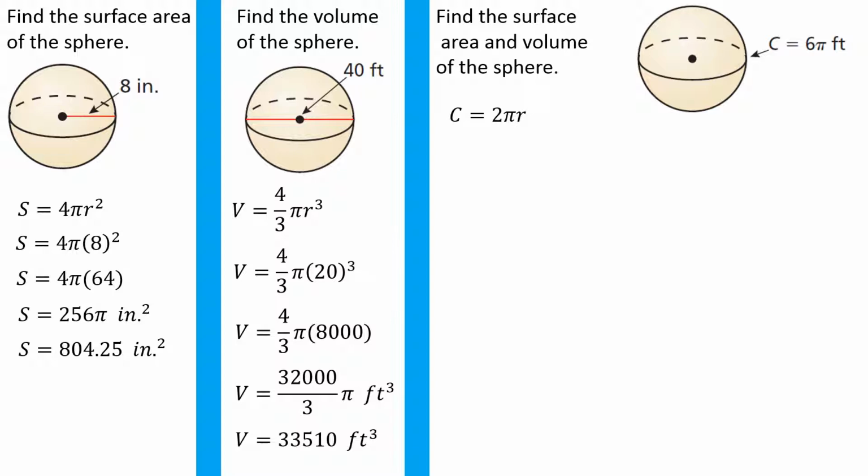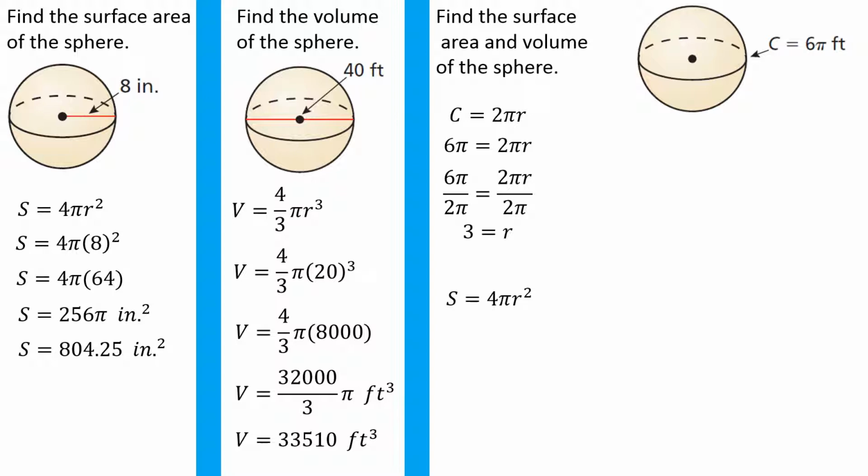And for this sphere, that great circle has a circumference of 6 pi. So let's figure out that radius. Divide each side by 2 pi. The radius is 3.